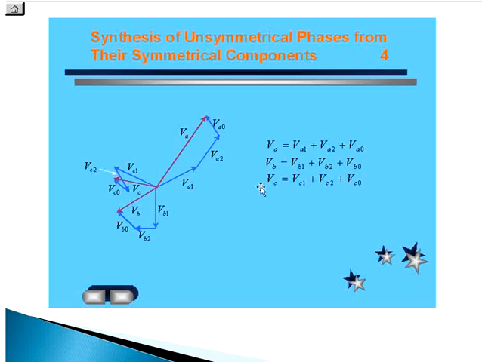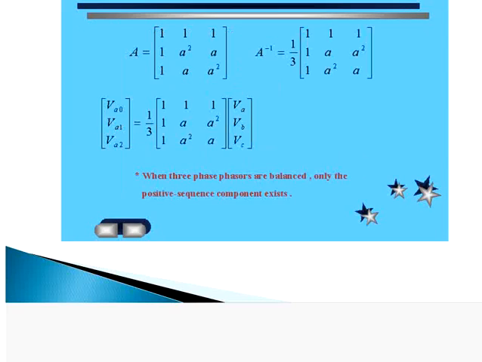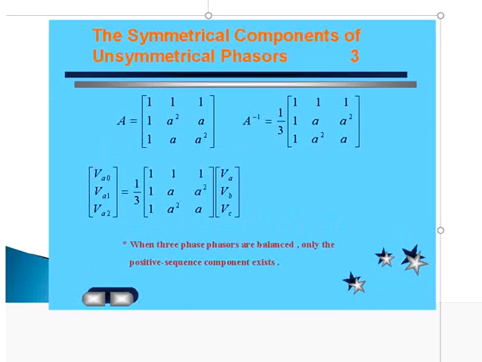Now how to represent this in a form of only one component, either VA or VB or VC. That we will see. A operator I told. Now see here, A1, B1, C1.